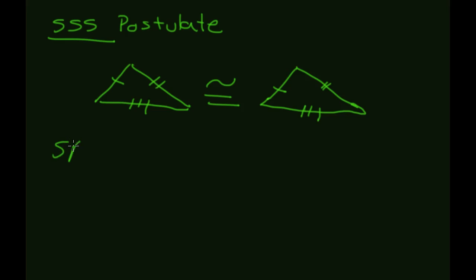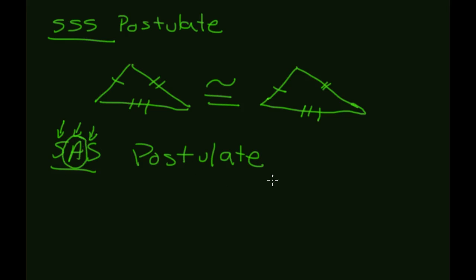The other one that we're going to introduce today is the SAS postulate. And here the order of the letters matters. Okay, so this is side, angle, side, and the A, you'll note, is in the middle.